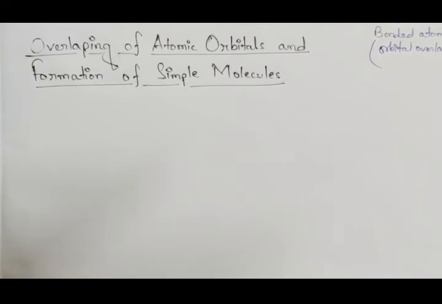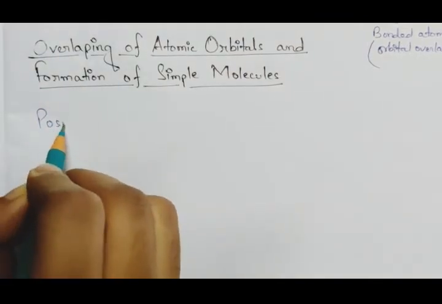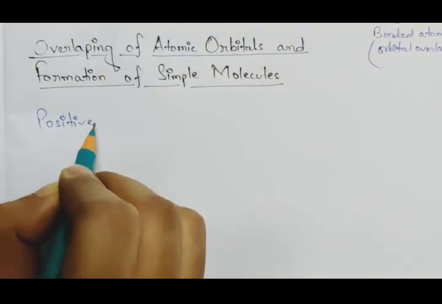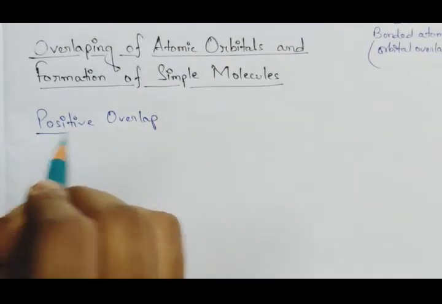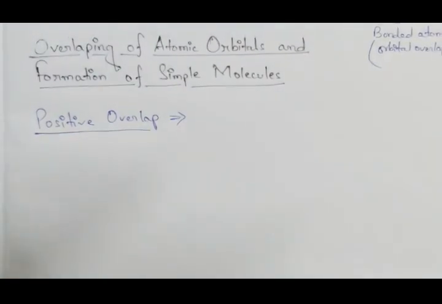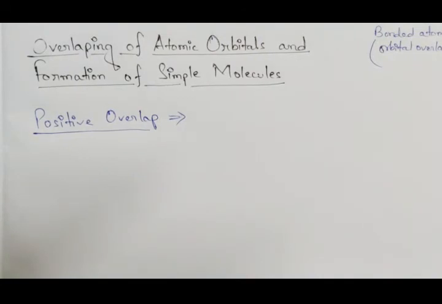So what is positive overlap? Positive overlap is the case where the lobes of the same sign overlap, so it leads to attractive interactions.